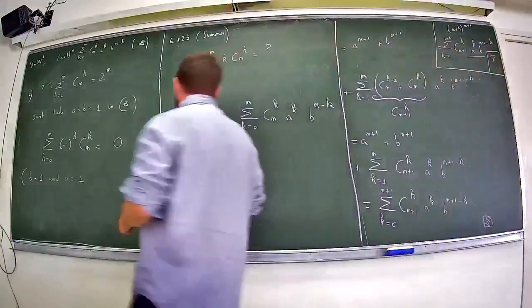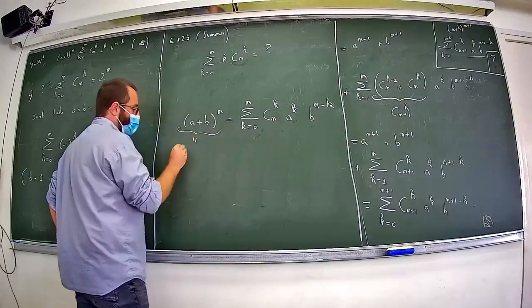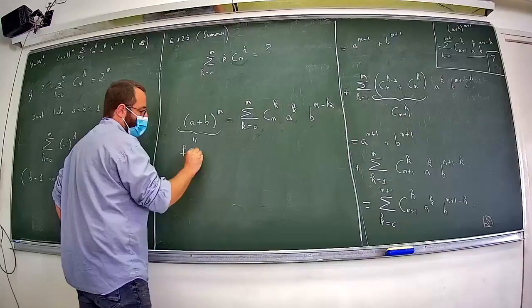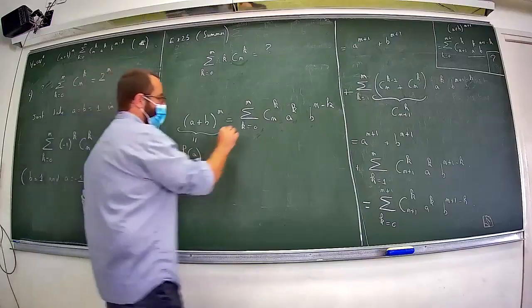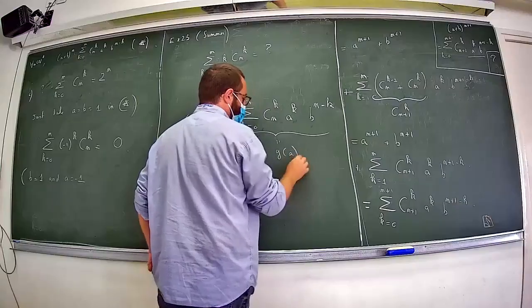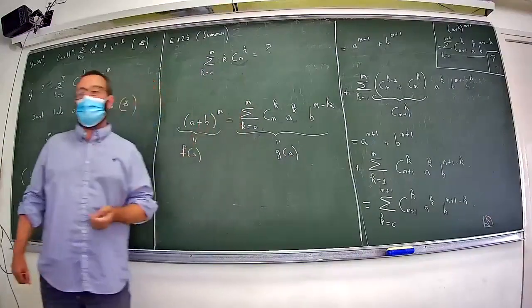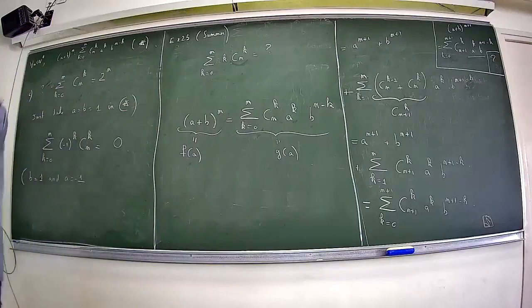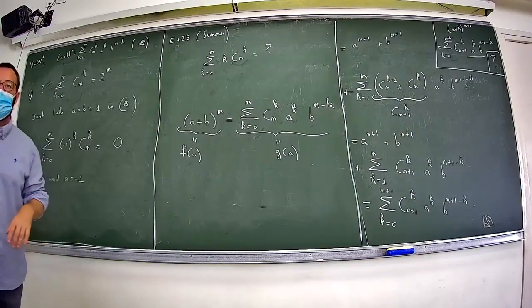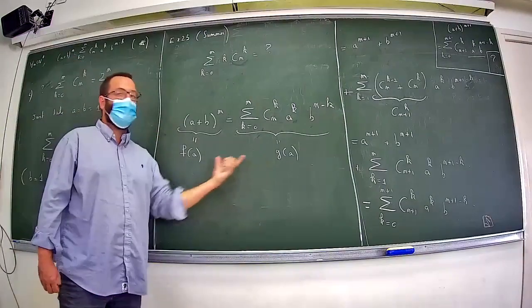So one way to write it is, with a notation I introduce, I can denote this one by f of a, and this one by j of a. What are f and j? Well, in fact, f and j are polynomials, so I can compute the derivative at any order, and we are going to see what happens. I have the equality between two mappings.